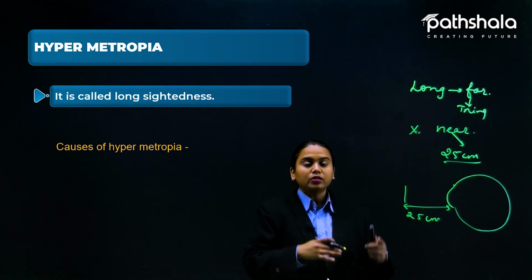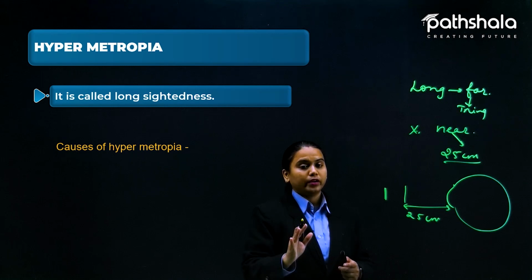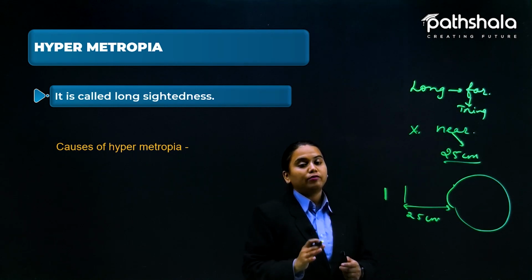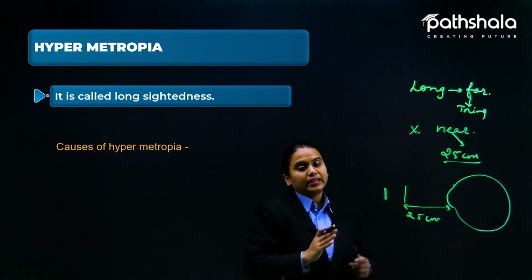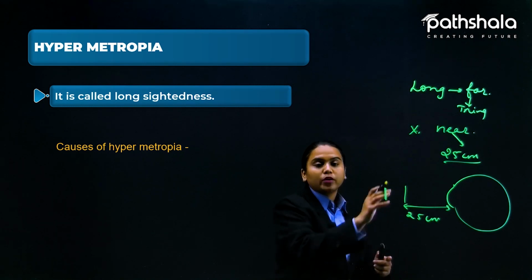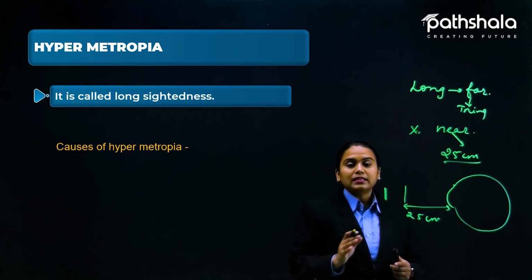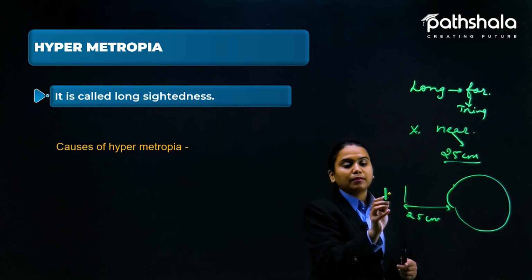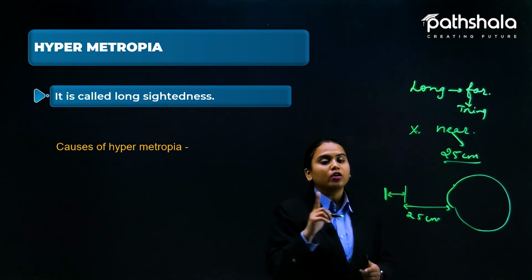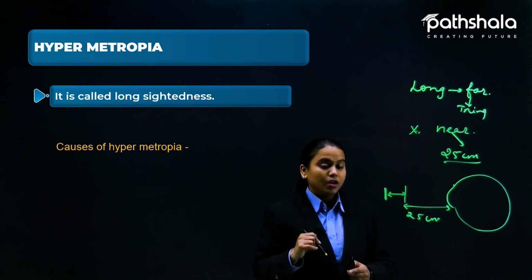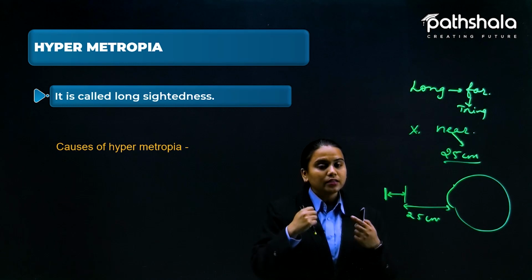He is capable of seeing things at this position at last. So the near point for them shifts from here to here. It has shifted from 25 centimeter to some greater distance. Everything in between is not going to be visible to that person, so we can say they are not able to see near things.